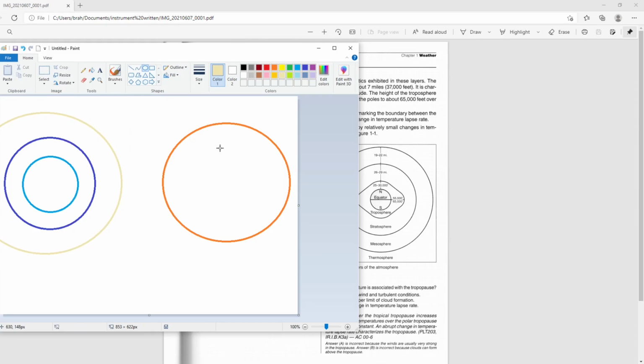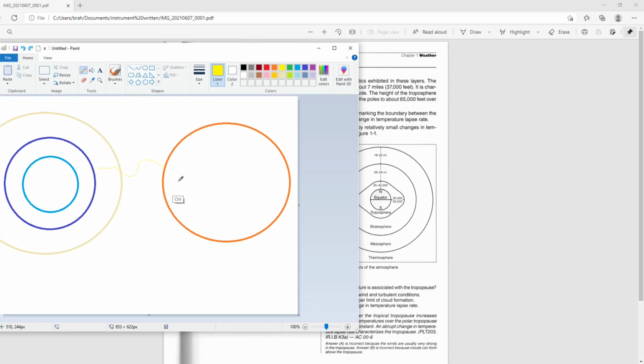Now, the way that we get warmth into Earth is through sun rays. It's pretty elementary, something that everybody knows. We've got sun rays hitting, going in.